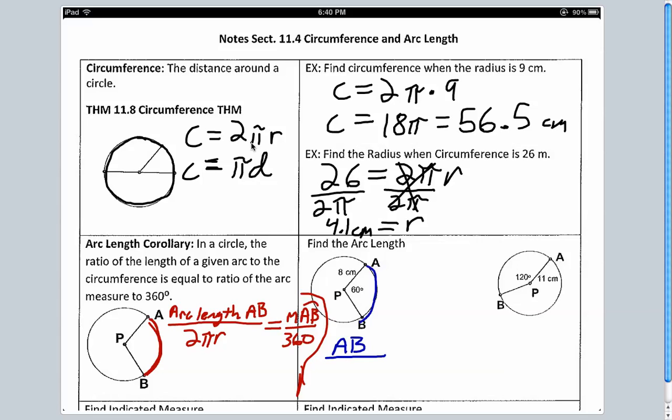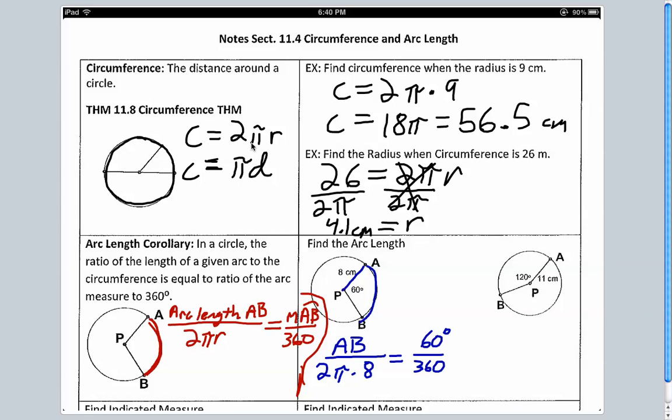AB over 2 pi r, well, r in this case is 8 centimeters, equals the arc measure, which is 60 degrees, divided by 360. I guess I should have written that r is 8 in there. 2 times pi times 8.